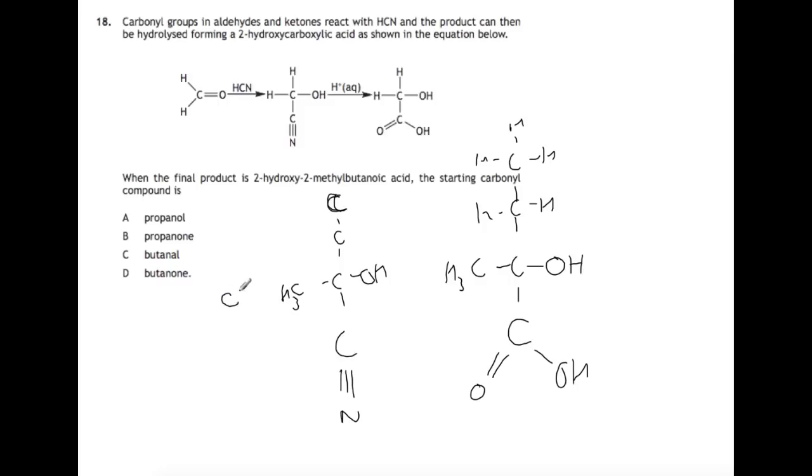So if we take this one back to that, we're still going to have our two carbons here, and our CH3 here, but we must have had our double bond O here to allow that to open out into the hydroxyl and nitrile group. Now we want to name this. We've got 4 carbons, so it has to be butanol or butanone, and the double bond is on the second carbon of this chain, so this one must be butanone.